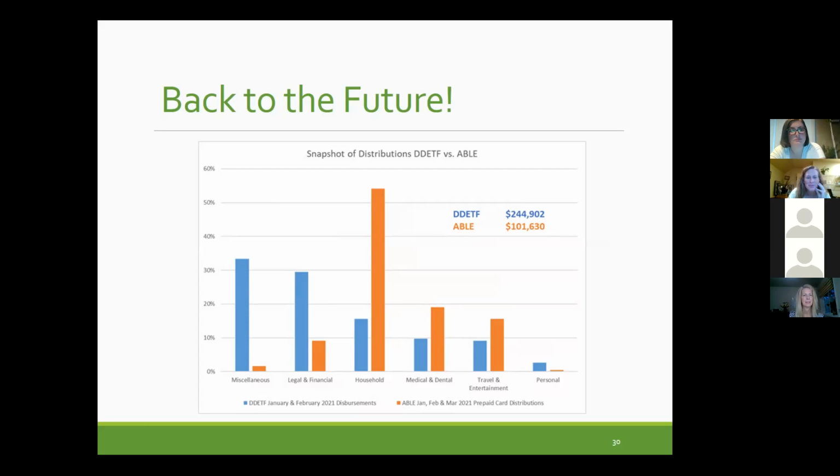And with the DD endowment, we do buy some of that stuff, especially if the individual's not on SSI, but it might be more on the furniture side of things in the household, not on the grocery side of things. But again, I just want to show that some folks are using both accounts, and this is really showing where the ABLE account is being able to use that eligible expenditure, while the special needs trust cannot.